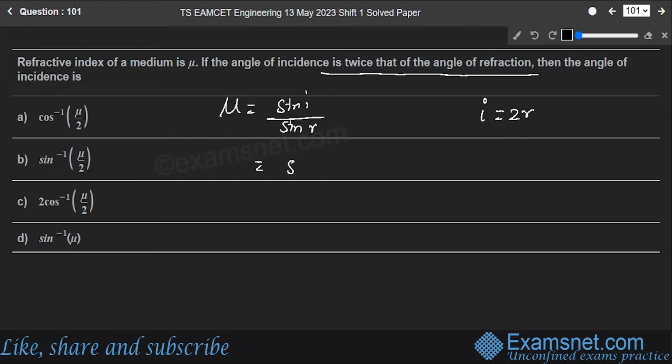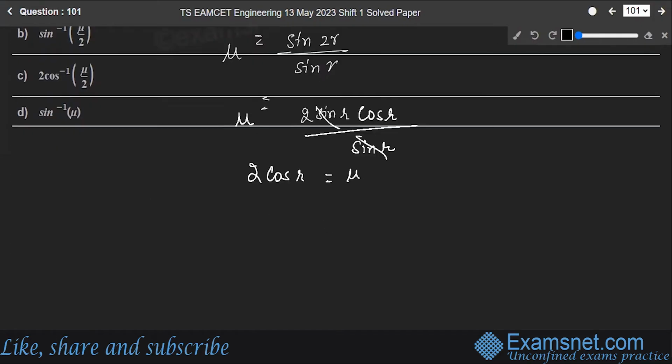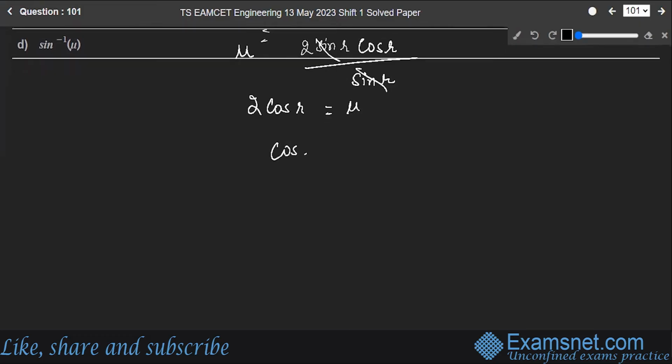So this makes it sine 2r upon sine r. And sine 2r is 2 sine r cos r divided by sine r. These two things will cancel. So you have 2 cos r is equal to mu, or you have cos r is equal to mu upon 2, or r is equal to cos inverse mu upon 2.